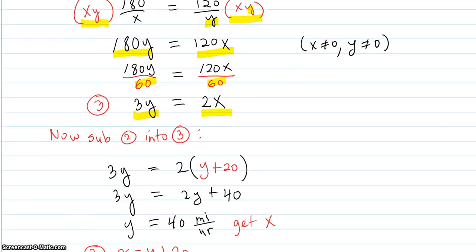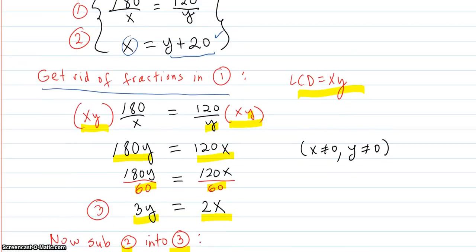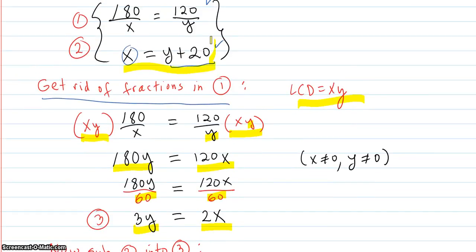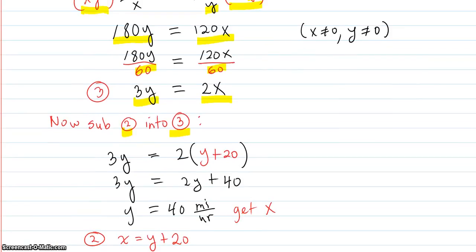So now we can substitute 2 into 3. So where's 2? 2 is x equals y plus 20. So this is your 3y equals 2x, and your x is y plus 20, subbed right in there.